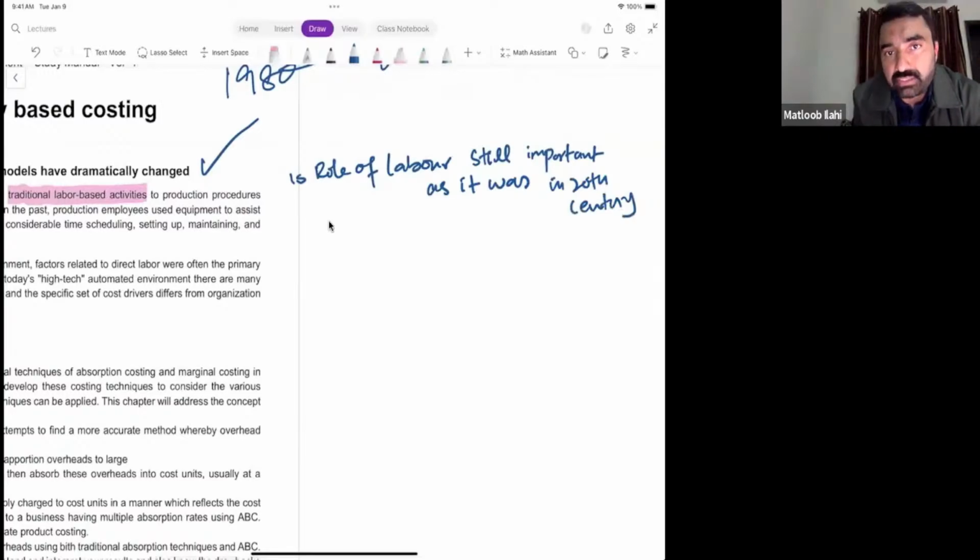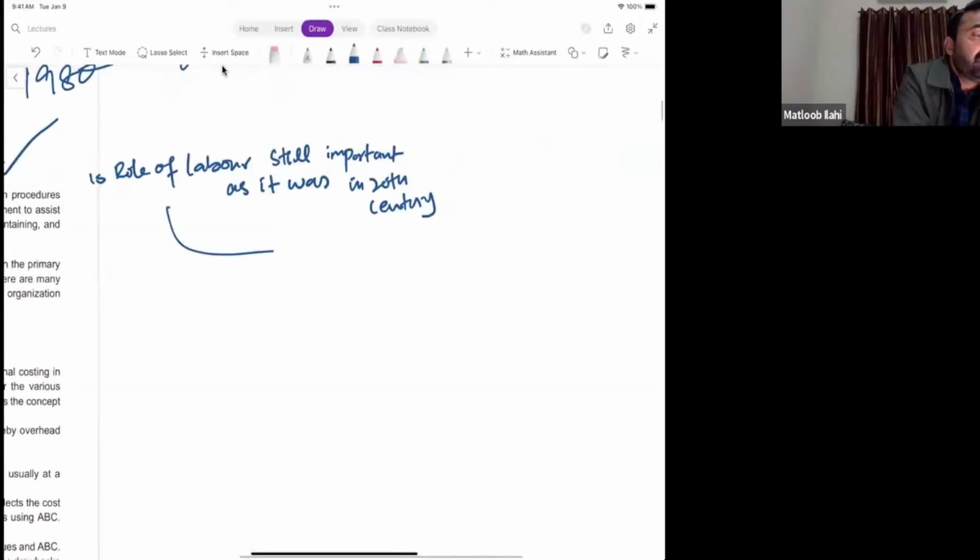So, yes, Mitosha, you are right that today machines have become more predominant. Machines have a more critical role. Machines have replaced labor.